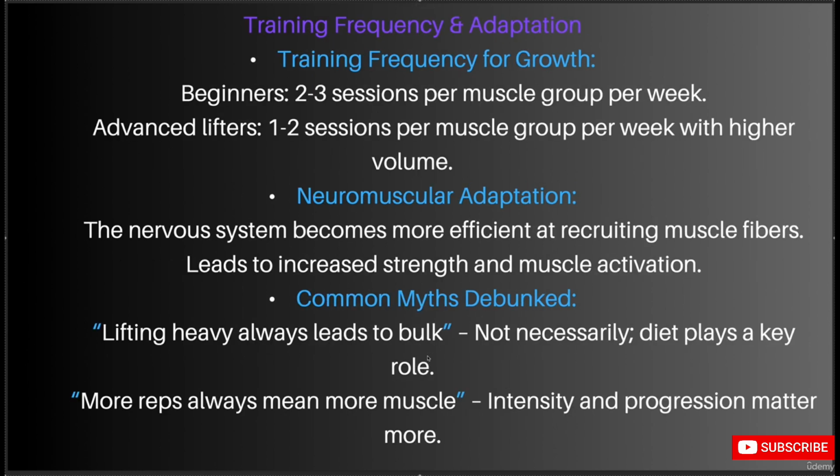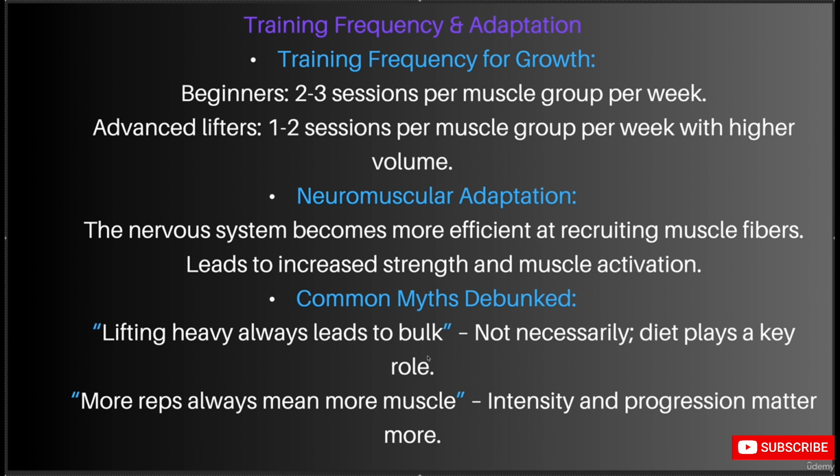The next slide is training frequency and adaptation. Training frequency for growth. Beginners essentially need 2 to 3 sessions per week, hitting that specific muscle group effectively. There are many kinds of lifters.